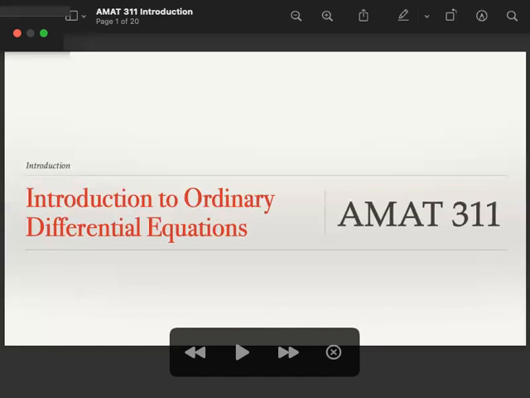All right, so then next, after we study first order ordinary differential equations, we're going to look at some applications of them. So we're going to look at scientific models based on first order ordinary differential equations.